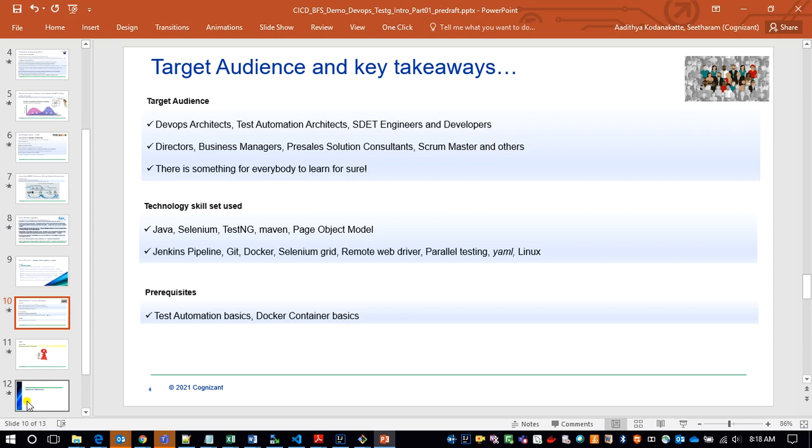And then the prerequisites. That is the technology landscape used within the demo, but as a prerequisite it's good to have test automation basics and also Docker container basics.